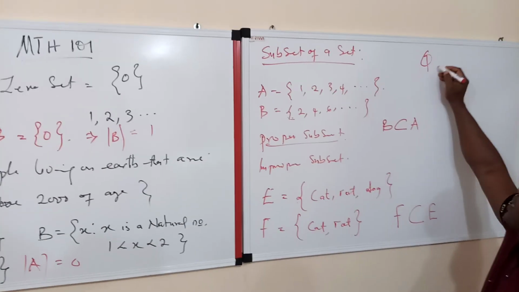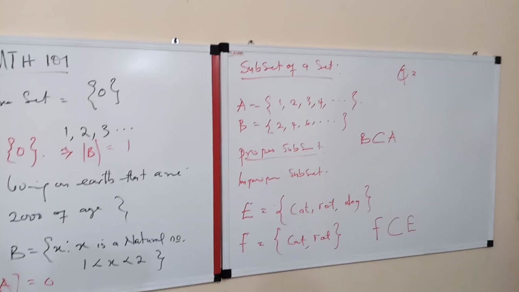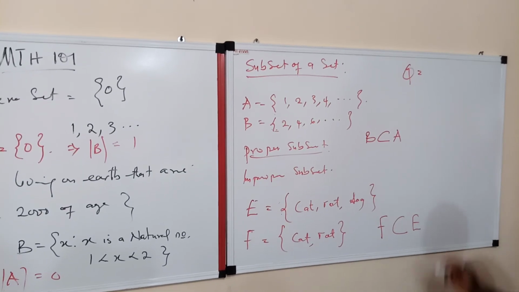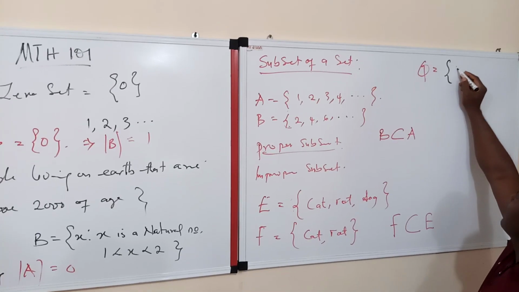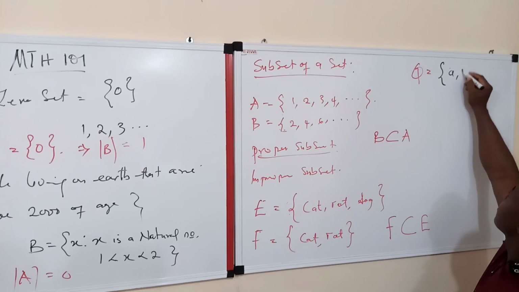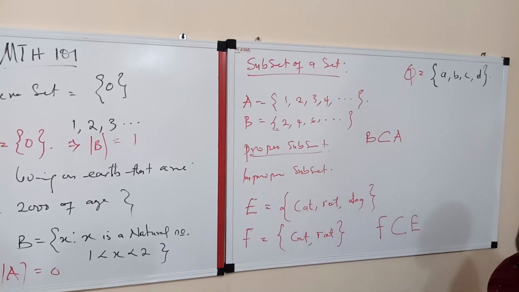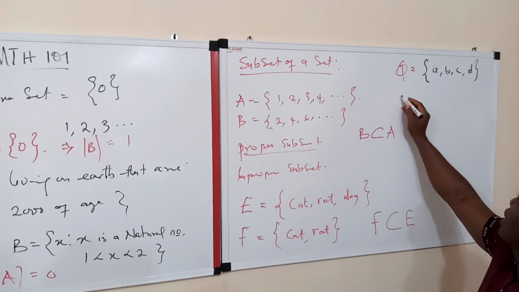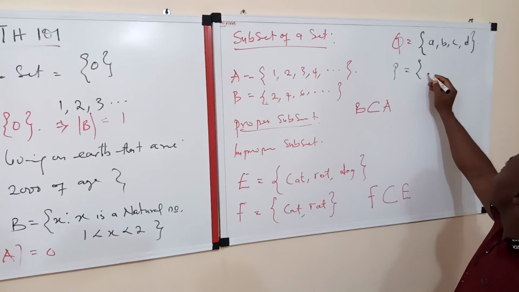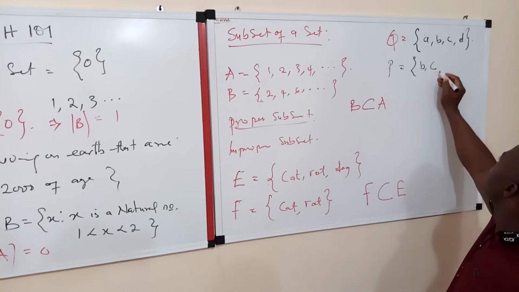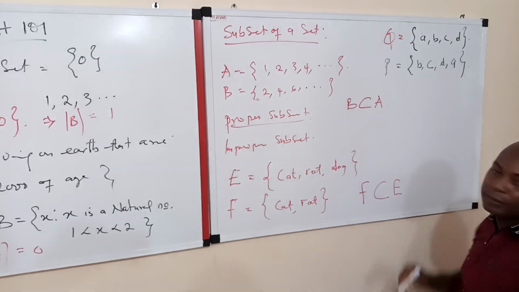Let's consider a set, say Q, where its elements are A, B, C, and D. Let's consider another one, set P, where its elements are B, C, D, and A.